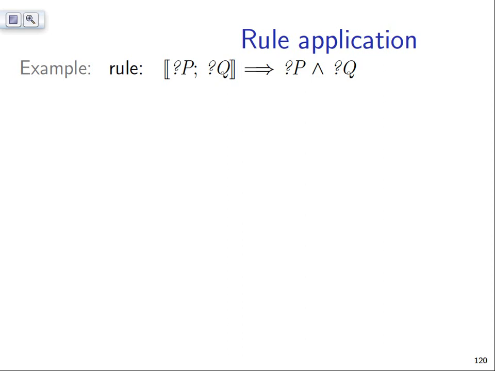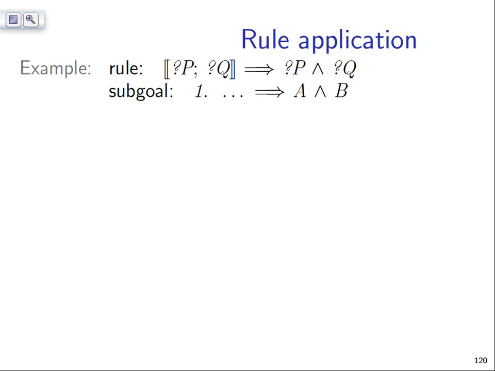And the example that we're using is the conjunction introduction rule. Assume we are in some situation where we have a sub-goal with possibly many assumptions, and the sub-goal is that you have to prove A and B for some concrete A and B. Then you can do this by using conjunction introduction backwards.